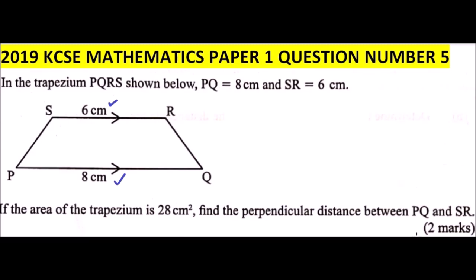So the first thing here you should understand is what is a trapezium. A trapezium is a 4-sided figure with 2 lines which are parallel. The others are not parallel, but they are equal. You also need to remember the formula of finding the area of a trapezium. The area of a trapezium is the sum of the 2 lengths, that is 8 plus 6, divided by 2, and you multiply by the height.